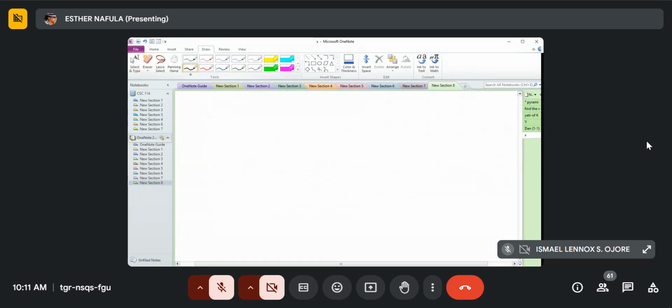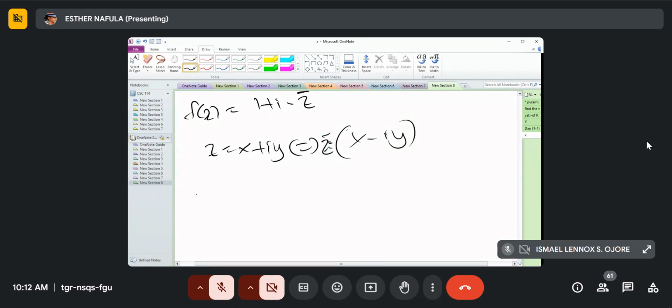So our f of z is 1 plus i minus z bar. But z is x plus iy if and only if z bar is x minus iy. So 1 plus i minus z bar is 1 plus i minus, in brackets, x minus iy. Oh yeah, I see.